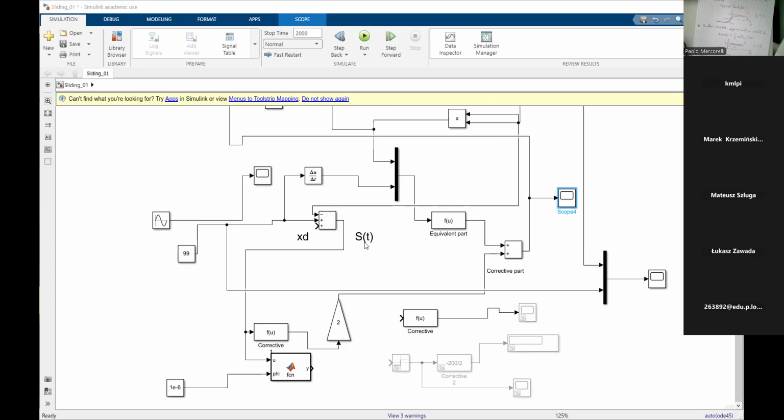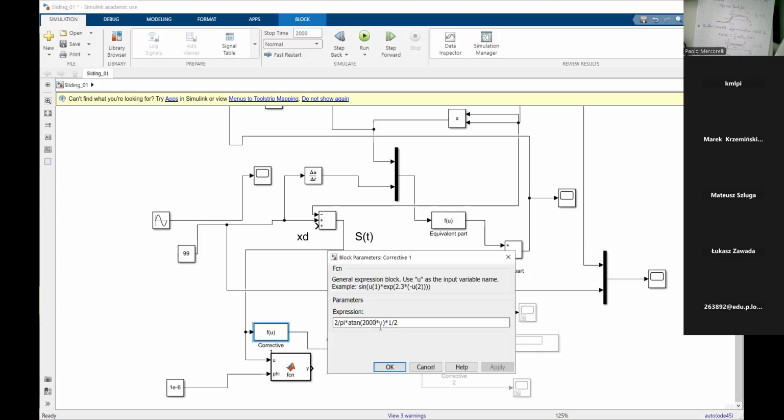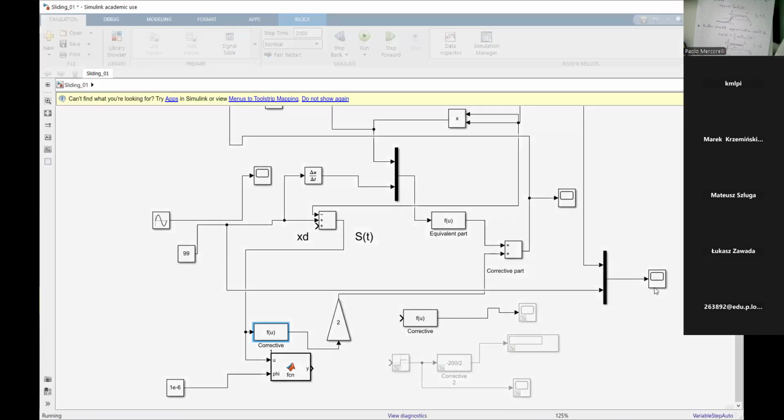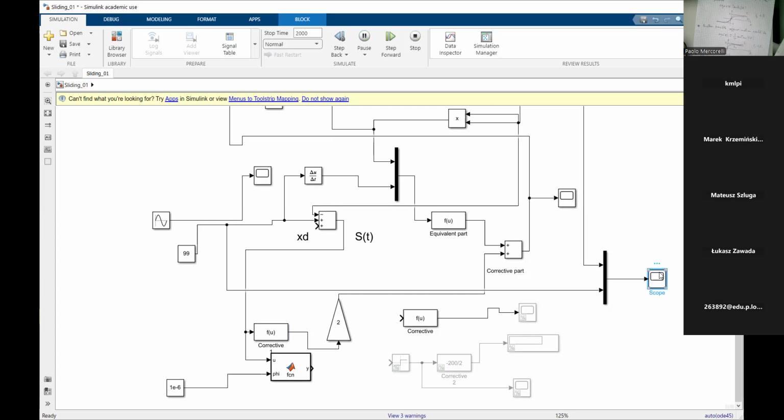U is quite disturbed. I try to reduce this element inside the arctangent. It could be that numerically we have some problems. Let me see now. It seems to be not better. Let me see the calculation, one second.